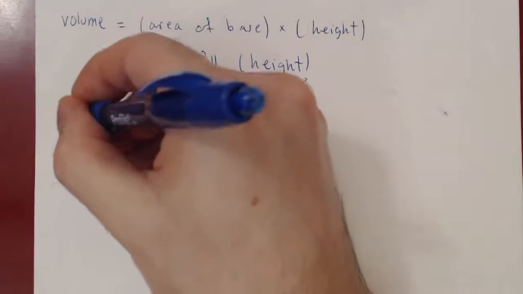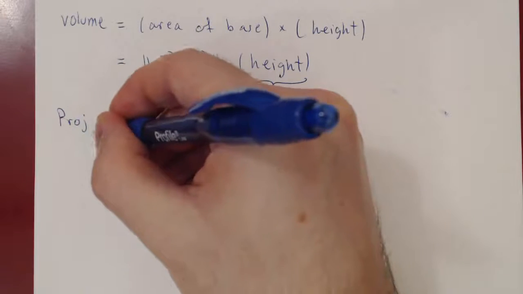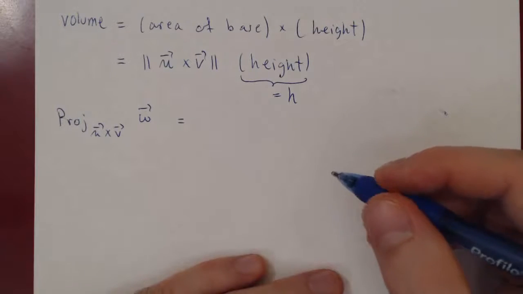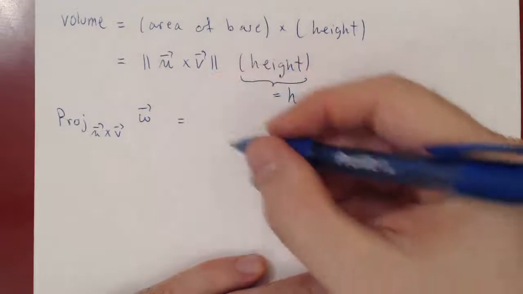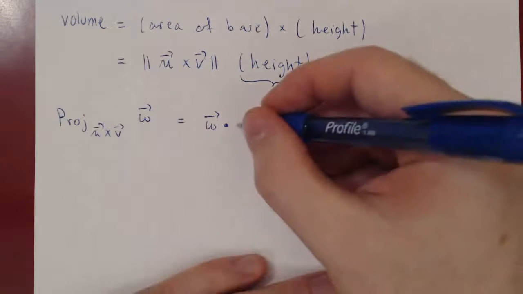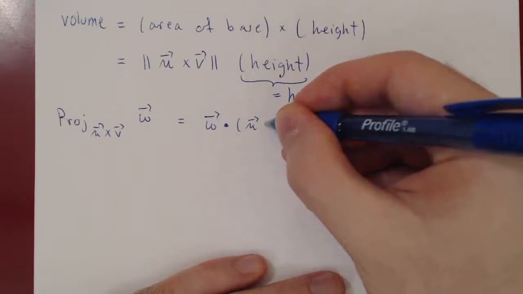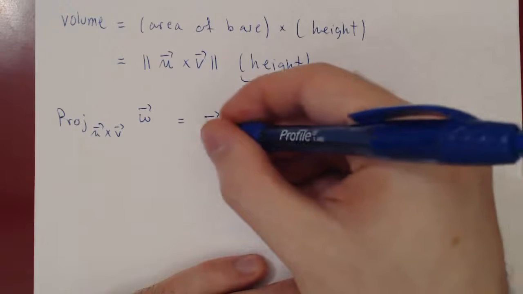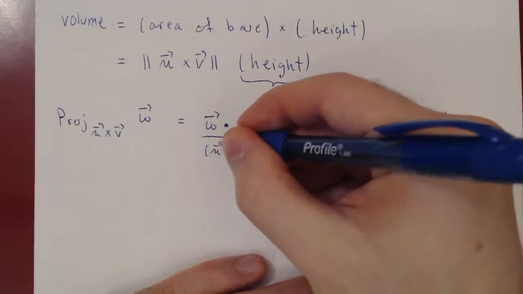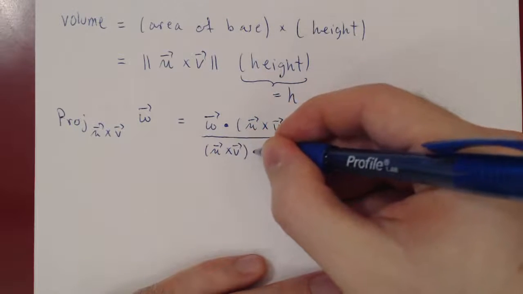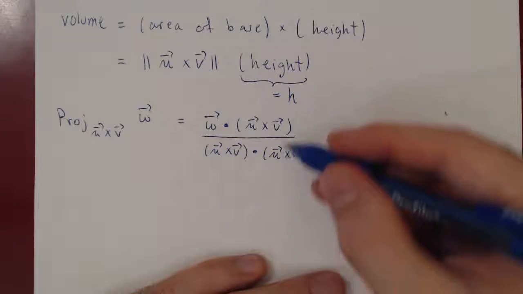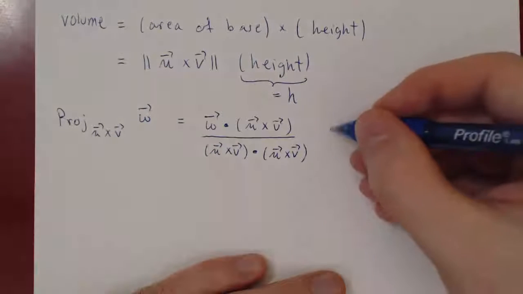We want the projection onto u cross v of vector w, and now recall the formula for the projection. It is w dotted with u cross v over u cross v dotted with u cross v, times, this is just a scalar, times the vector u cross v.